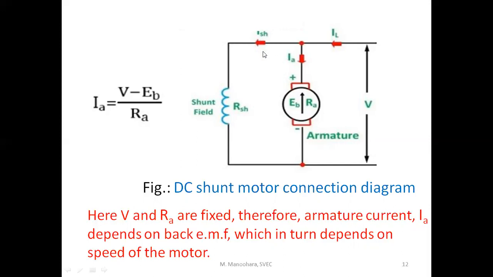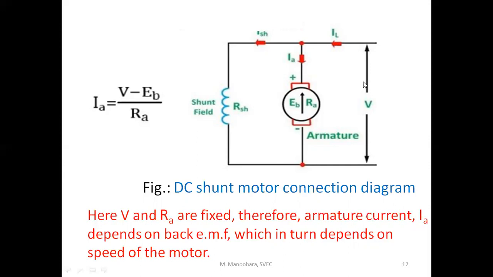Shunt field current is very small, as shunt field resistance is high. We can neglect this, so we can assume IL equal to IA. If you neglect shunt field current, line current equals armature current. Compared to armature current, shunt field current is a very low value. That's why we can neglect it.